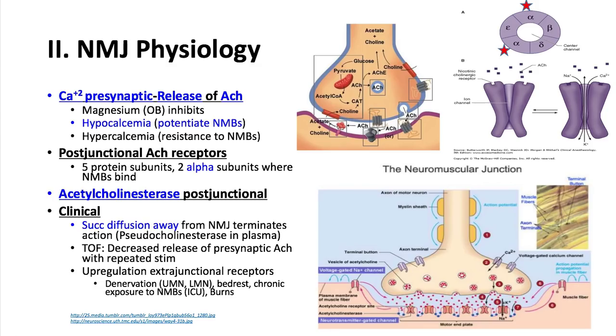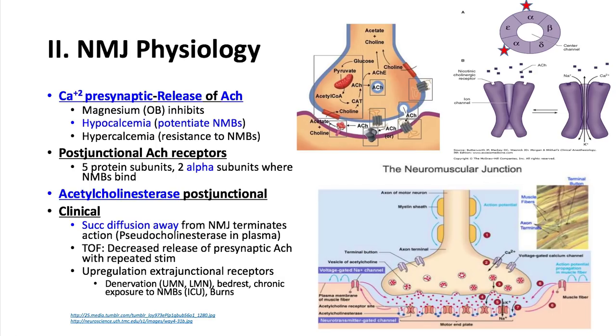Clinically, when succinylcholine is administered, it goes intravenously to the postjunctional receptor, binds to the 2 alpha subunits, opens up the channel and causes an open channel block. Fasciculations occur. But how is Sux terminated? It has to diffuse away from the neuromuscular junction and then be chewed up by acetylcholinesterase in the plasma.